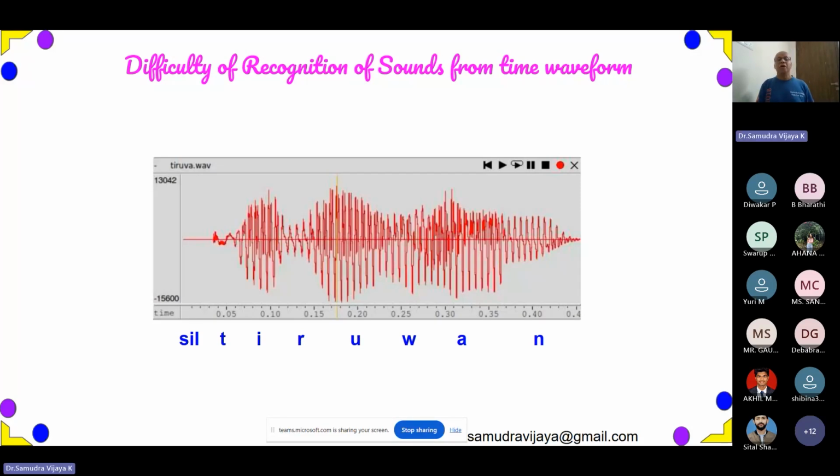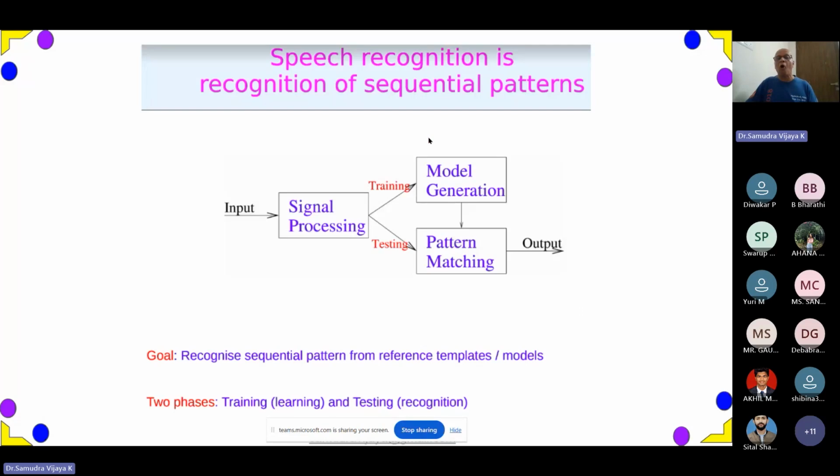If we know what was spoken, then we can look at the properties of this particular waveform and associate it with the sound E. And if the sound E occurs several times in the sentence, then we collect all the segments of the sound E, collect its features, and we build a model for the sound E. So speech recognition is a supervised pattern recognition.